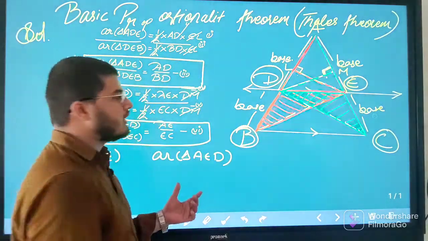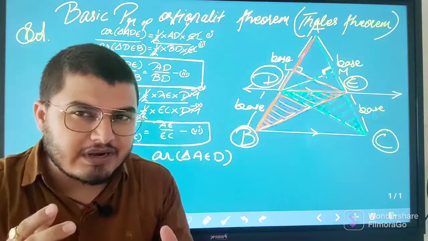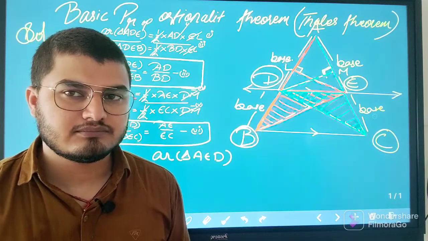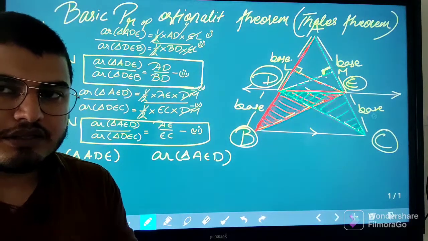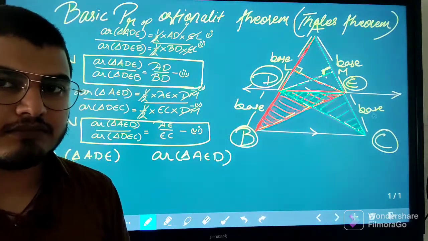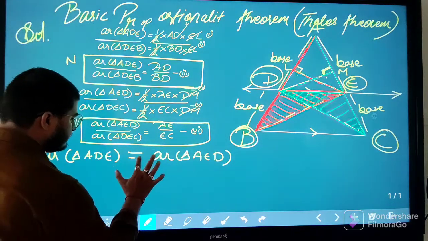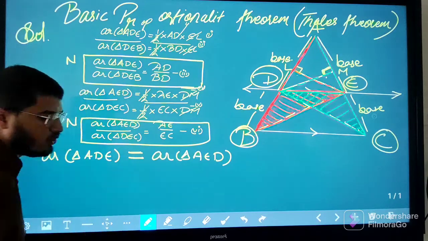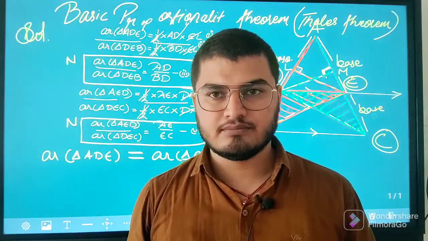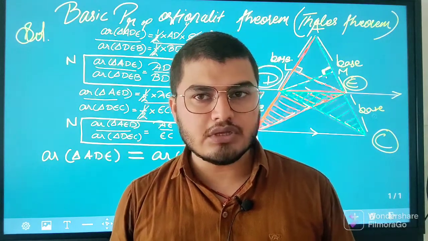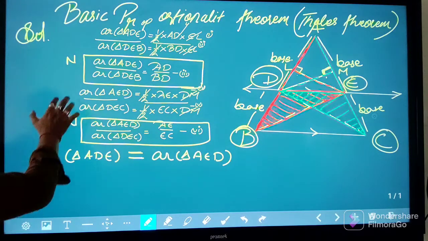And AED, can you see the triangle AED? Are these two different triangles or the same triangle? Same triangle. So their area is going to be equal, no doubt in that. If we are talking about the same figure, how can its area be different if we are changing the name? Obviously the area is going to be the same. So the numerator is same.